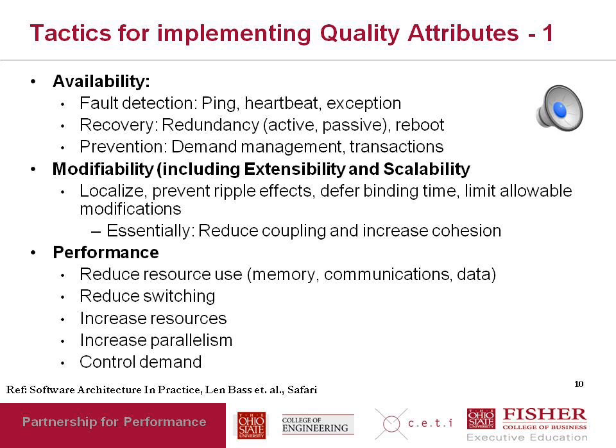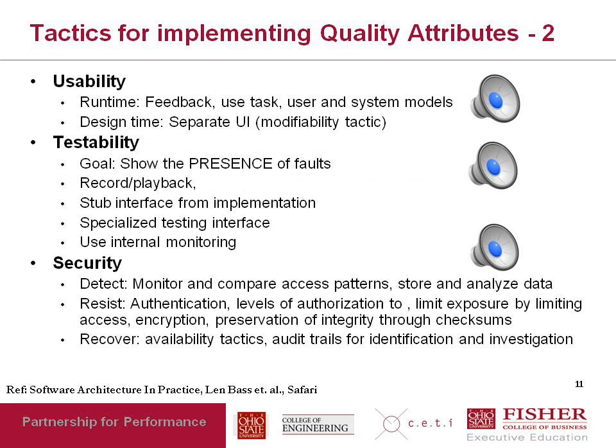You can simply add more resources, add more memory, buy a bigger machine with more horsepower. Or you can do things in parallel. And just like with availability, another way of improving performance is by controlling demand, so that at least those requests that are in the pipeline of being processed will have good performance.